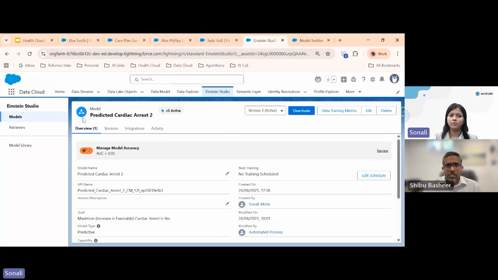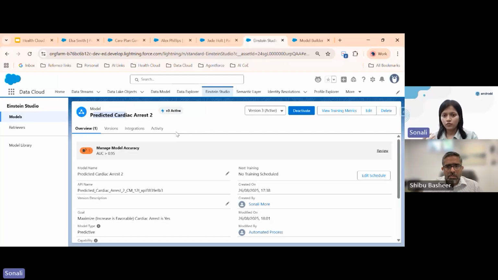For example, I built this model saying predict the cardiac arrest. The data set that I have input for training this model has few patients with some medication history that got a cardiac arrest. And another data set in the same set is patients with another medication history, but they don't have a cardiac arrest yet.